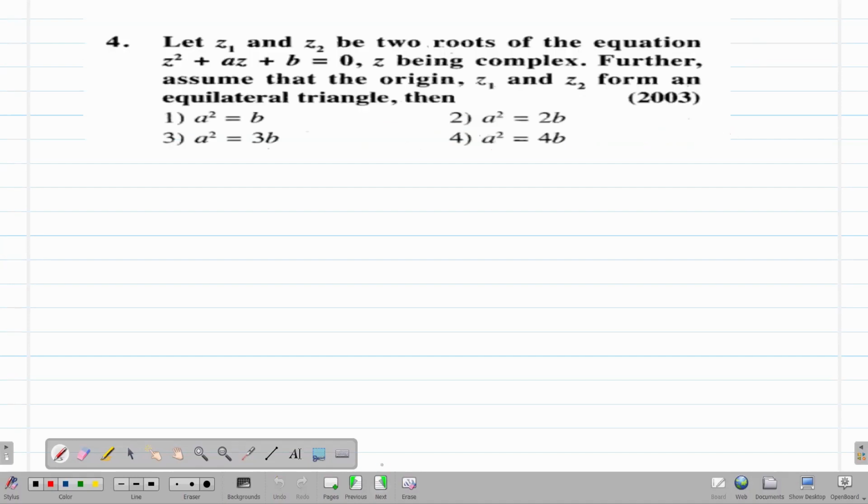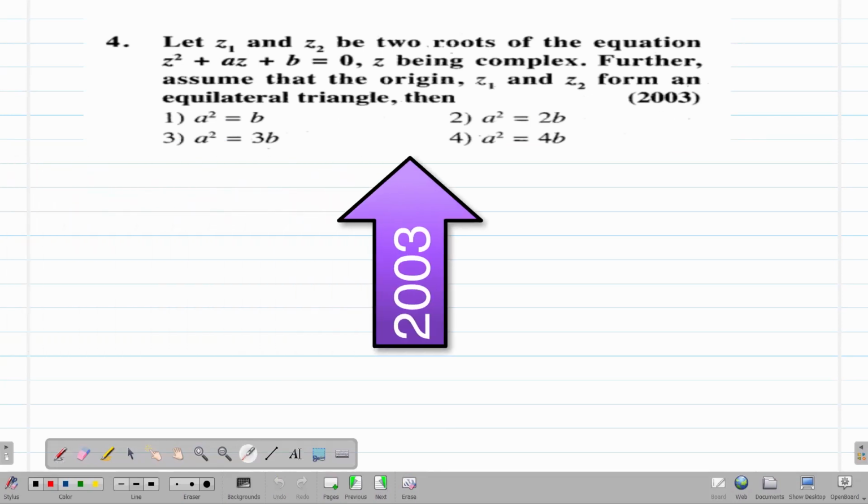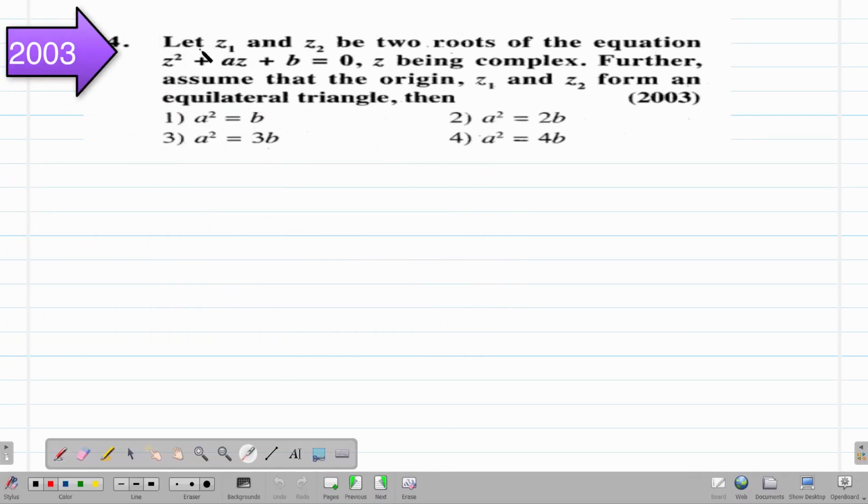Now here is the application which came in the 2003 AIEEE exam. Let z1 and z2 be two roots of the equation z square plus az plus b.